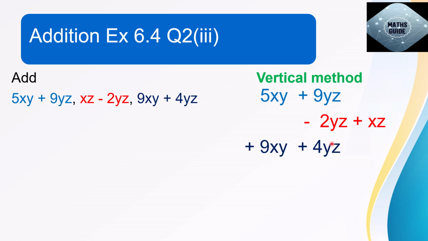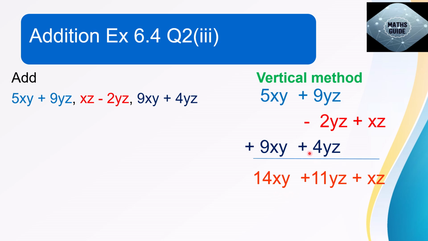Here again these two terms are the same, and these three terms are the same, and there is no term similar to xz. So start adding them. First we will add these two terms and we will get 14xy.